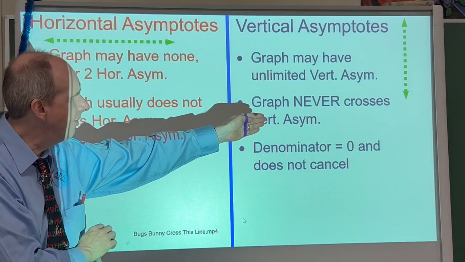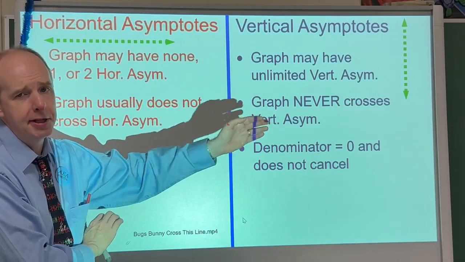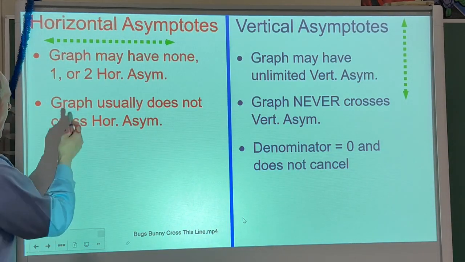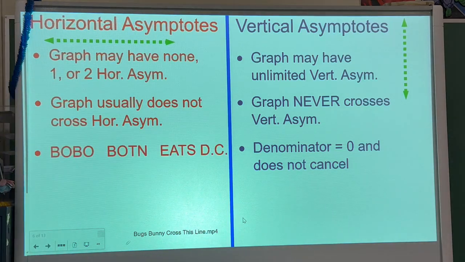Versus never, ever crossing a vertical asymptote. How do we find these? Well, write this down. Bobo Botan eats DC. We'll talk about what that means here in a second after we take a quick look at Mr. Bugs Bunny showing us what does it mean to maybe cross a horizontal asymptote, maybe not.